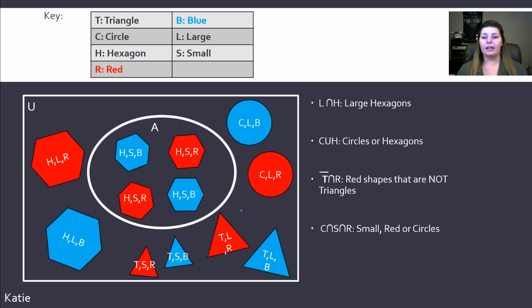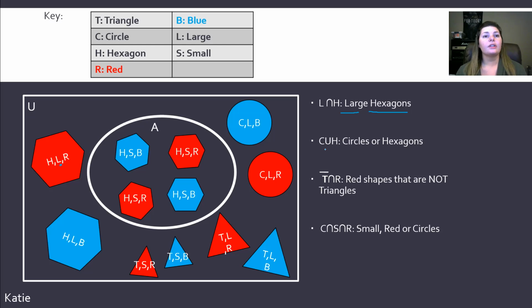So keeping in mind what we learned from the last one, this is wanting to know what L and H have in common. So here's an L and here's an H. If I look at every single one of those, the ones that have L and H are the large hexagons.